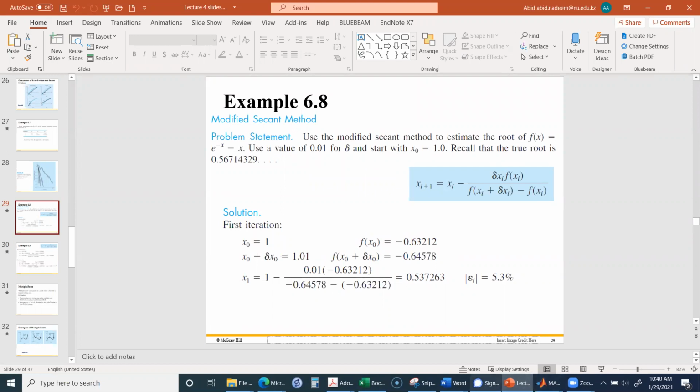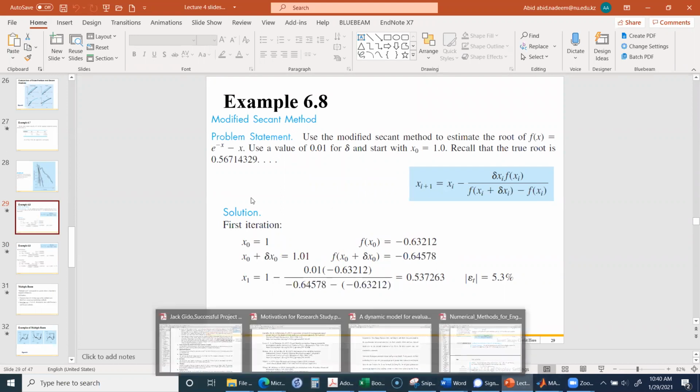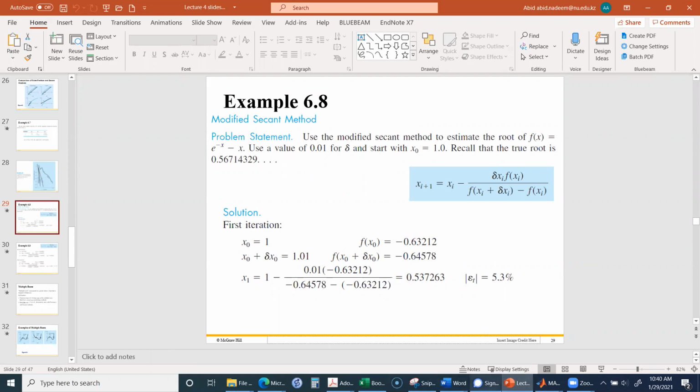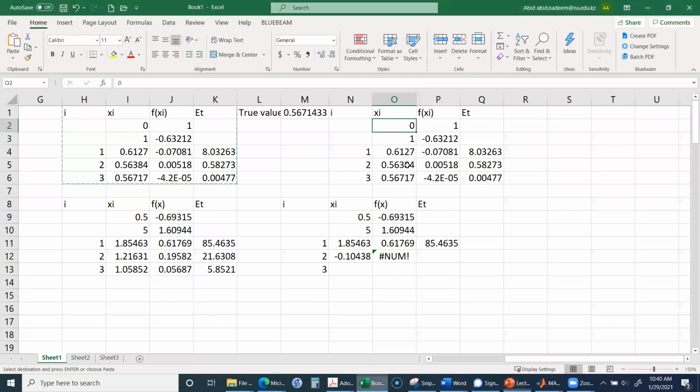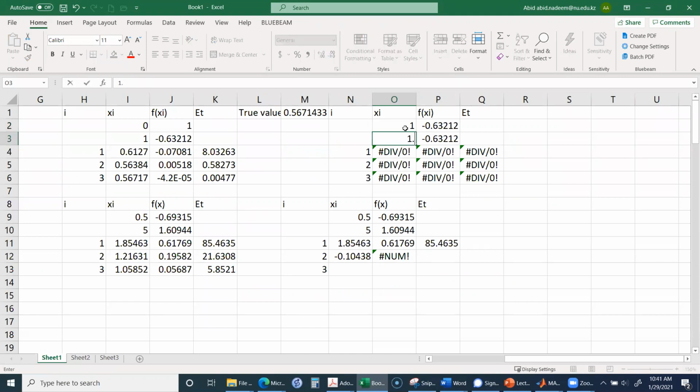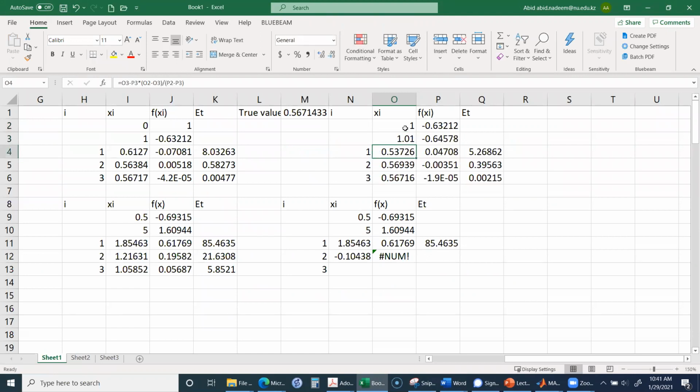The function was the same. So the first value I will use is 1, and the second value I will take is 1.01. That means I'm just adding 1% of that value.